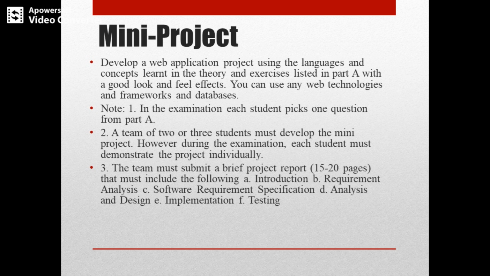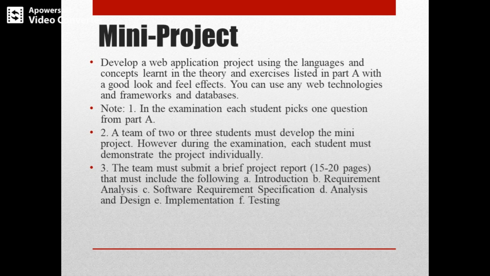You will have to prepare a report or a document containing the following: first, an introduction to the concept or whatever mini project you have developed. Following that, the requirement analysis. That is, you need to give a gist of the software as well as hardware requirements used for your mini project. The third topic is an SRS in the document, and then an analysis and design, a sketch or a blueprint of the mini project.